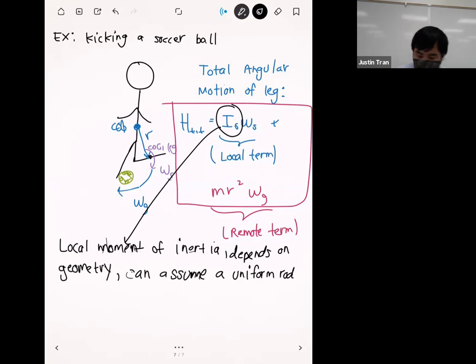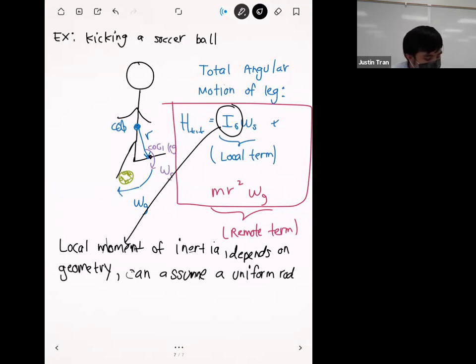And so we have both of these contributions to the angular momentum. Any questions on this?